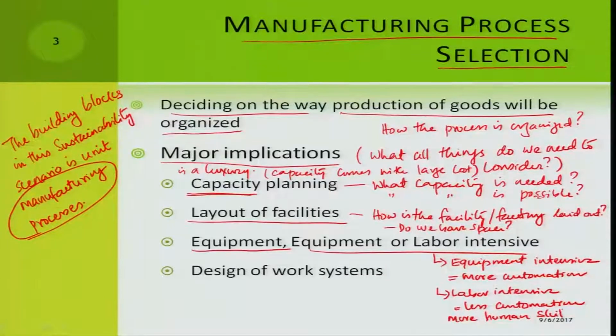So you have to decide what you are going to do. If you are in a handicraft business, you would probably be more labor intensive because it depends a lot on human skills. But if you are looking at producing a car or a mobile phone, then there will be a lot more automated equipment where you give the design of the part as well as the production plan or the computer aided manufacturing code, CAM code, and then the machine pretty much manufactures it by itself. Such machines are sometimes called CNC, computer numerical control machines, or digitally controlled machines.